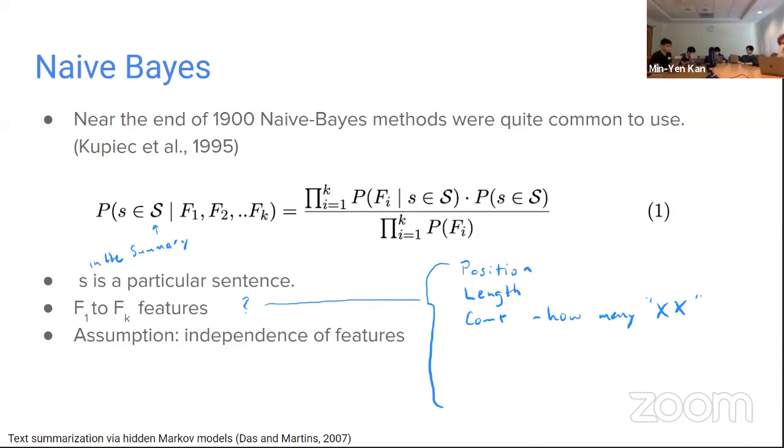So all of these things are parts of the features, if you will, that people thought were generic enough to put in the summarization system for general text. Yeah.